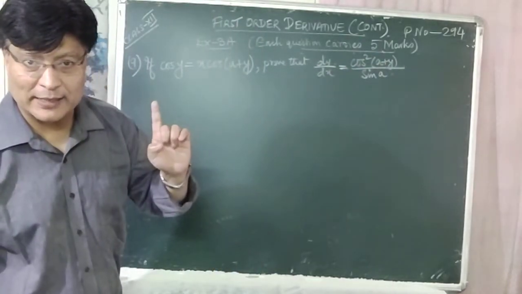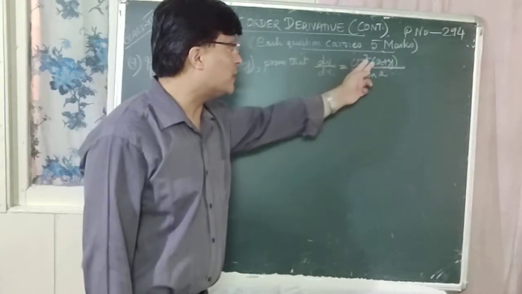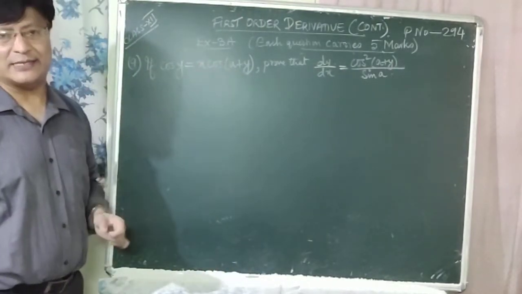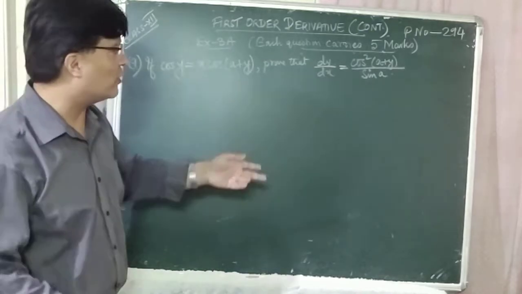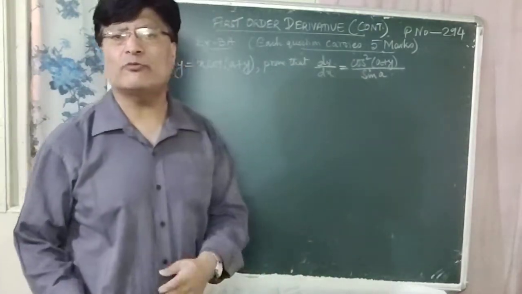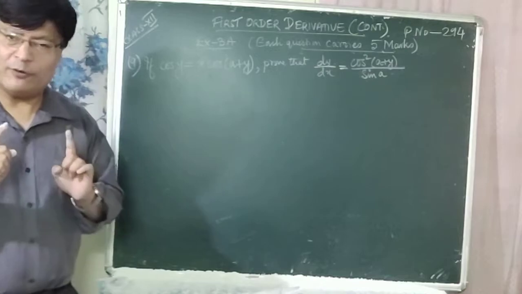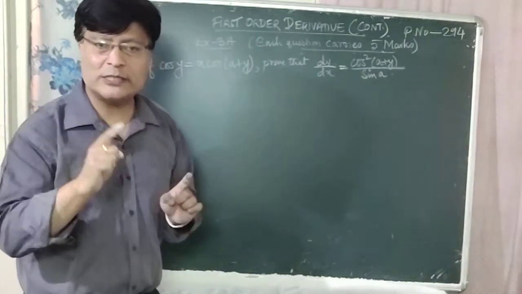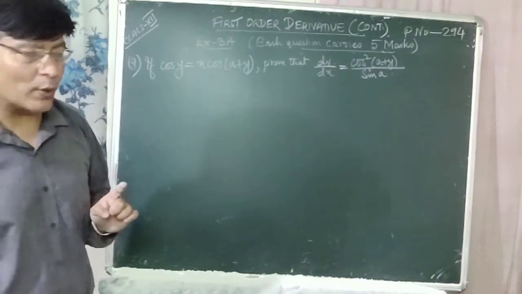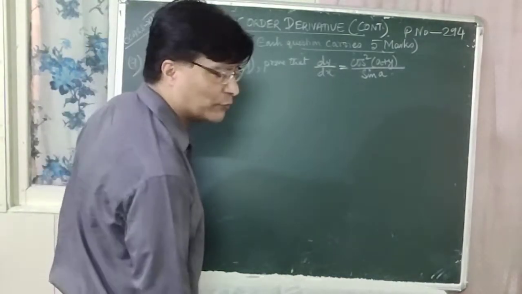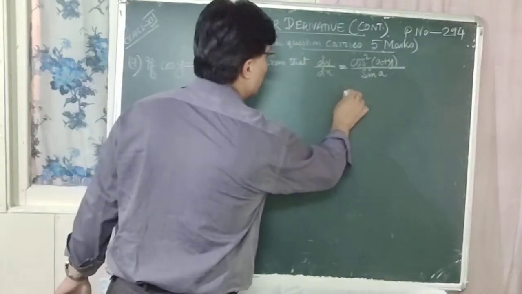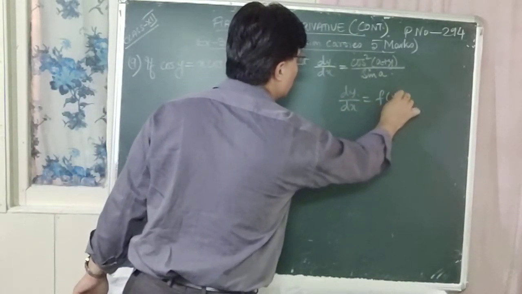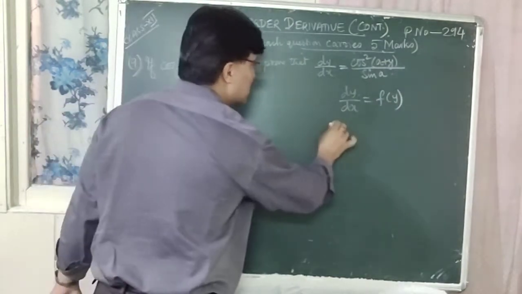Now you have to prove dy by dx in terms of y. You have to keep in mind that dy by dx should be expressed in terms of y. So you have to express x in terms of y in this case, so that it will be easier for you to prove dy by dx in terms of y.